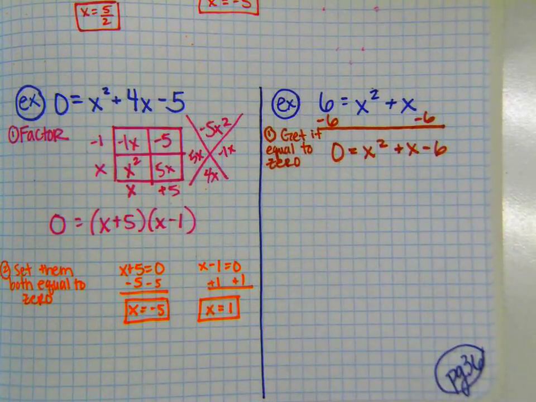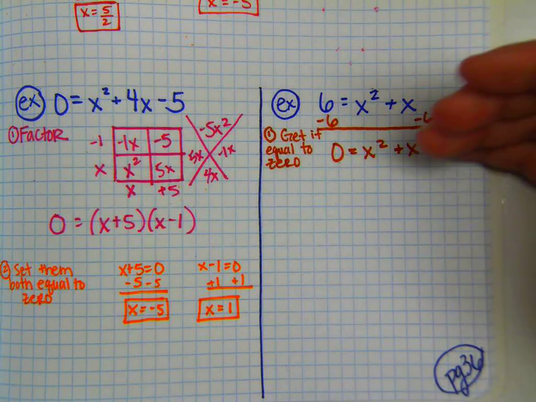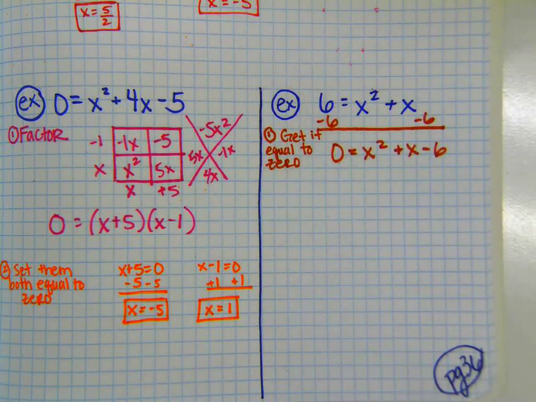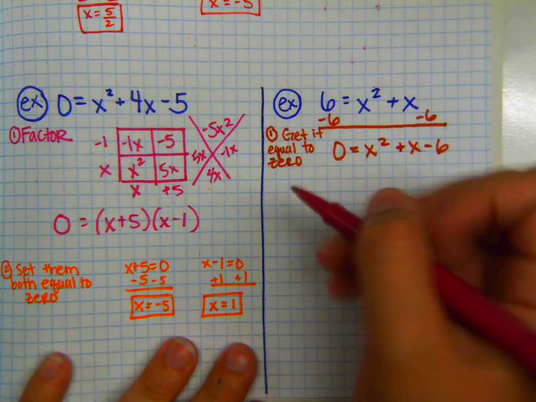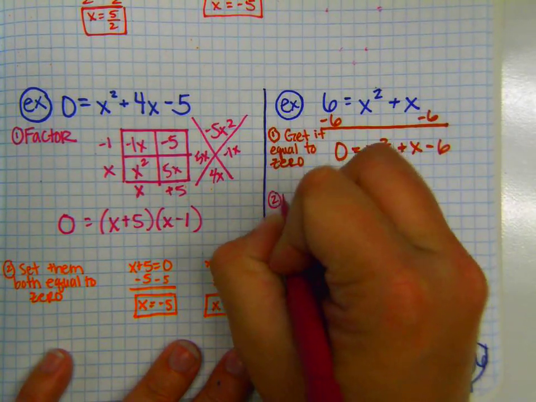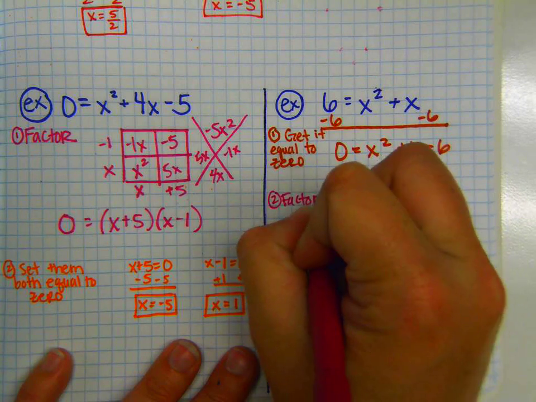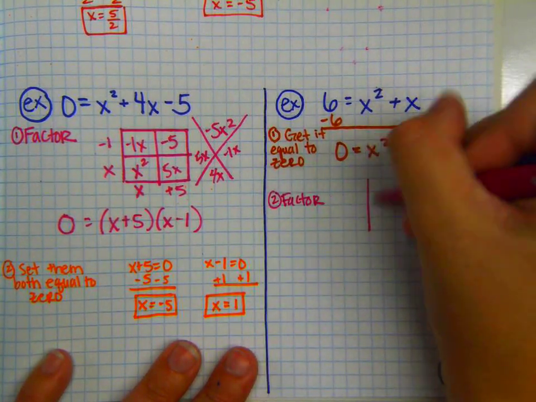So now the video is going to pause. You're going to factor that and try to solve it all the way down. Then I'm going to go over it. So after we have this, let's go ahead and factor. So I'm going to put this in my box.